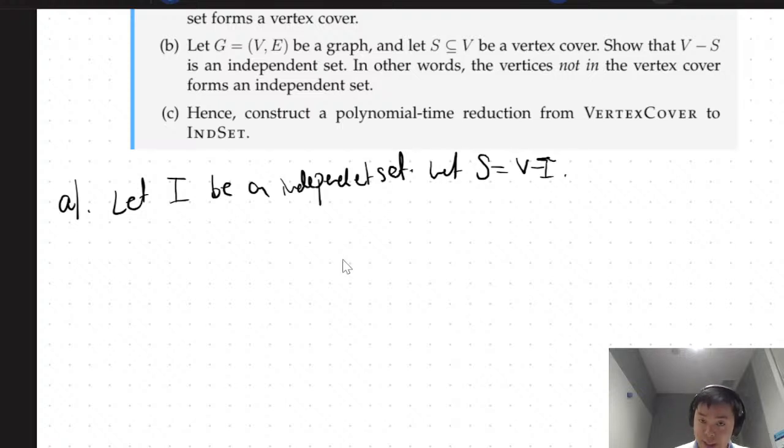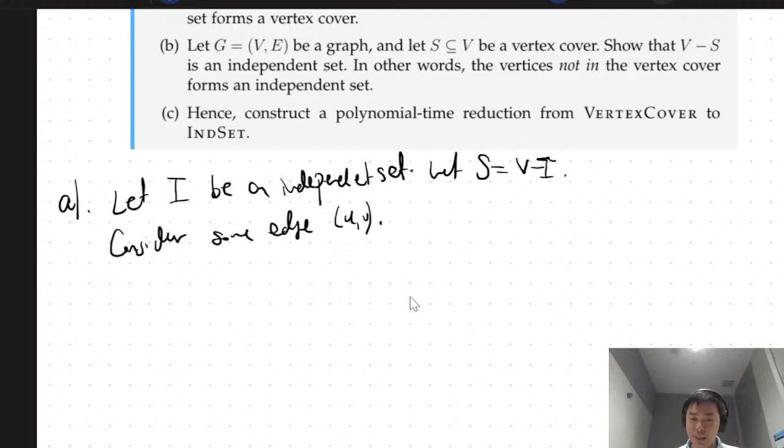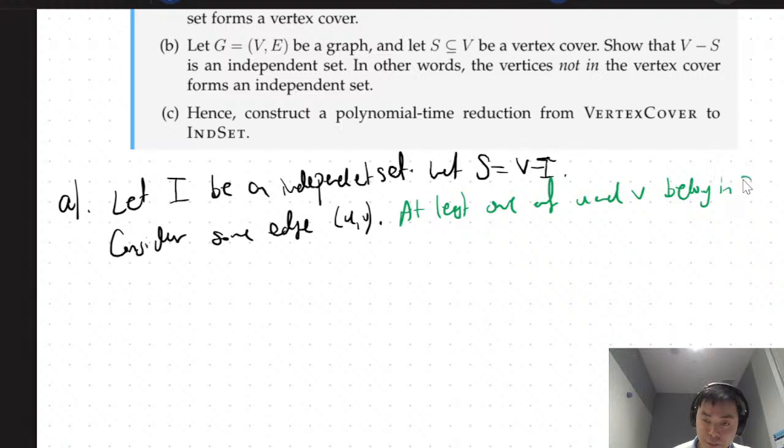If I look at any particular edge, consider some edge UV. What I want to show is at least one of U and V has to belong in S. So the claim that I want to show is at least one of U and V belong in S. But why is this true?